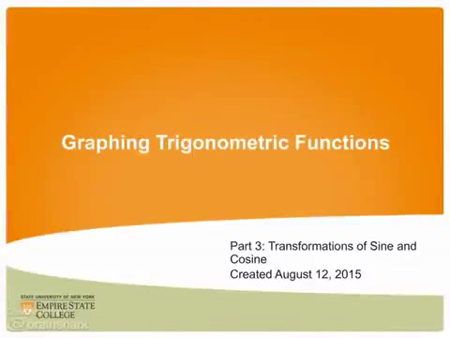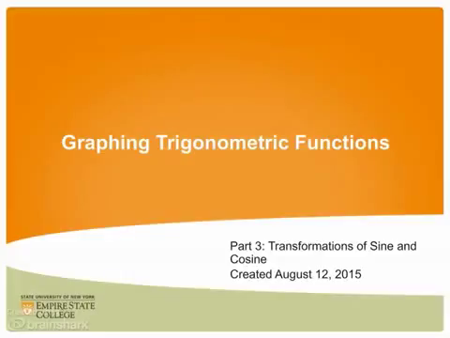This resource is the third in a four-part series on graphing trigonometric functions. Part 1 looks at the graphs for the two fundamental trigonometric functions, sine and cosine. Part 2 considers the various features of the sine and cosine graphs. These features are defined, and methods for finding each are presented with an example.